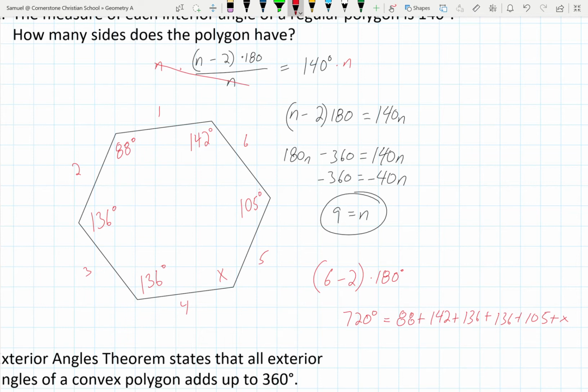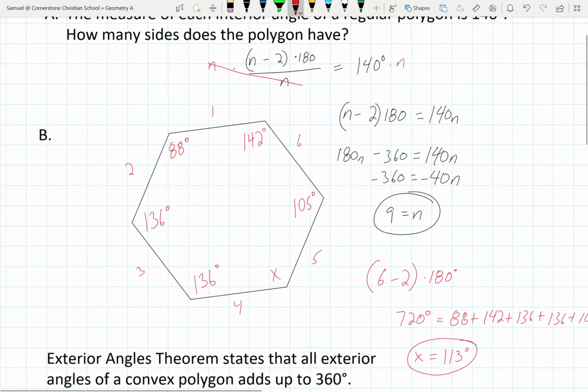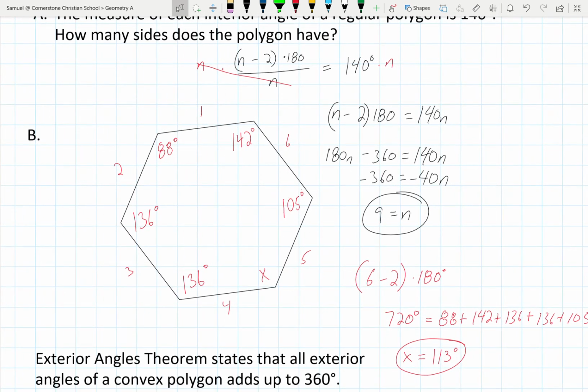So I will take 720 minus 88 minus 142 minus 136 minus 136 minus 105 to find that x equals 113 degrees. X equals 113 degrees. And so what I started with was this drawing. I knew how many sides the shape had, so I had to figure out what all of the interior angles added up to be.